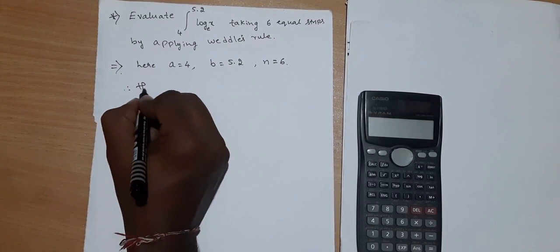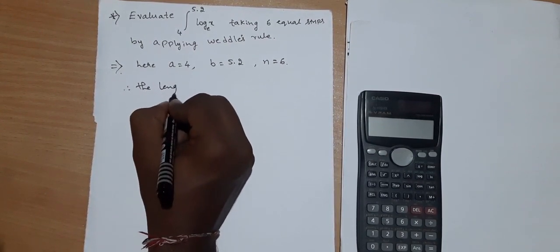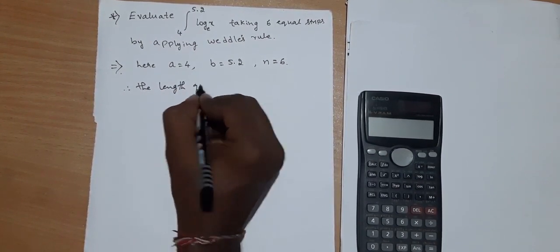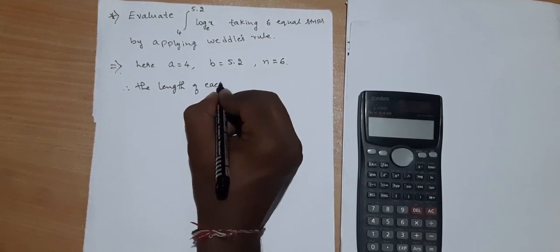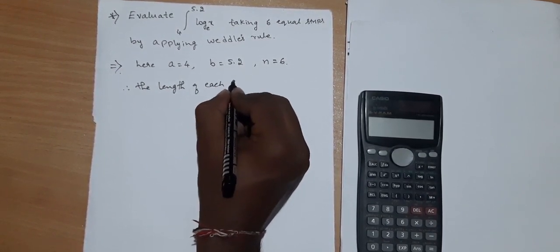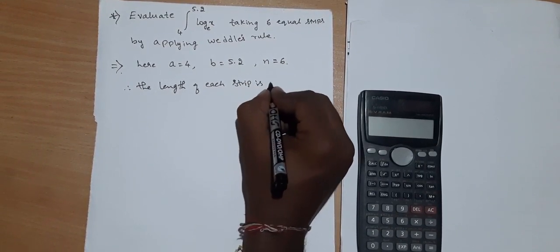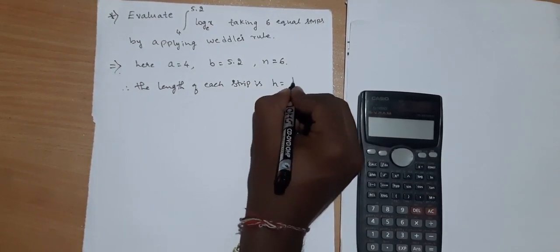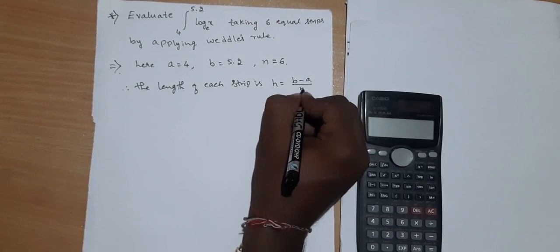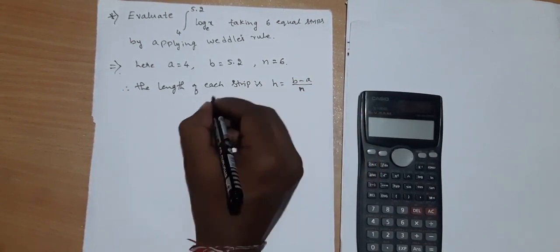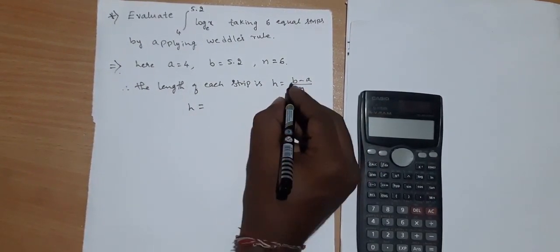Therefore the length of each strip is h equals b minus a divided by n. So what do you get? H equals, what is b value?